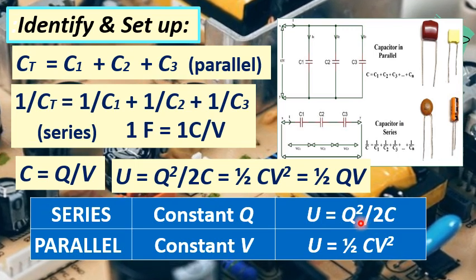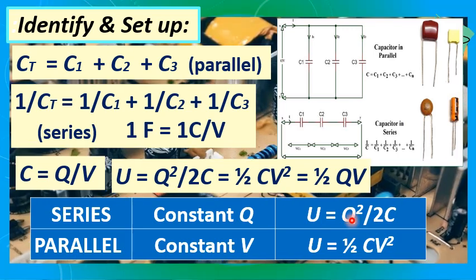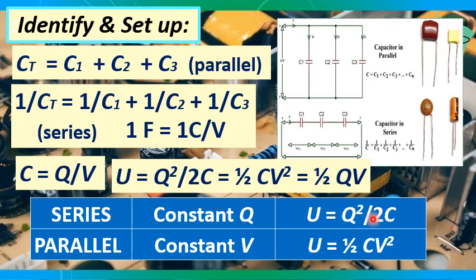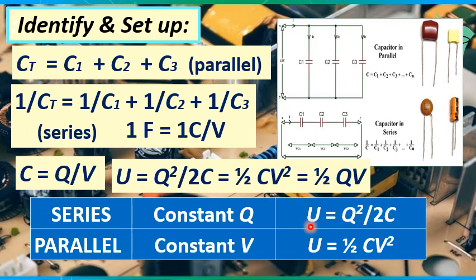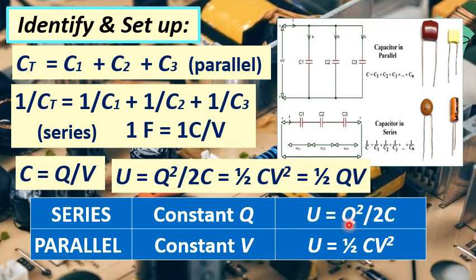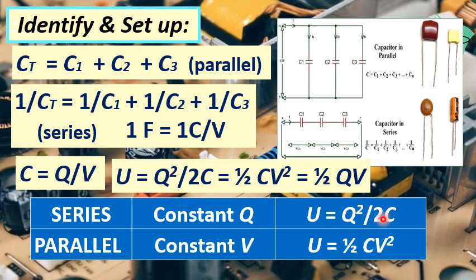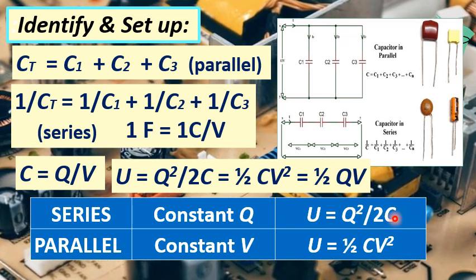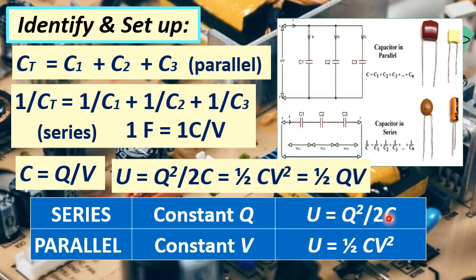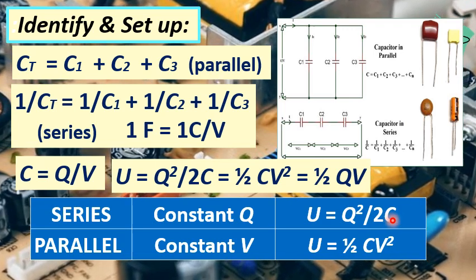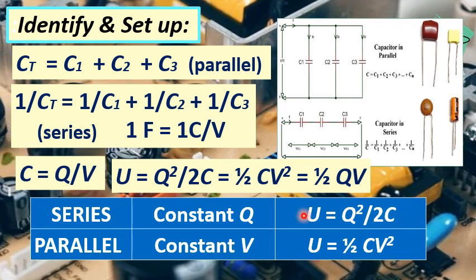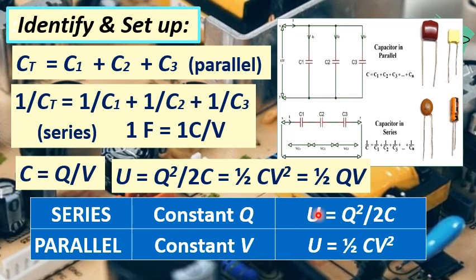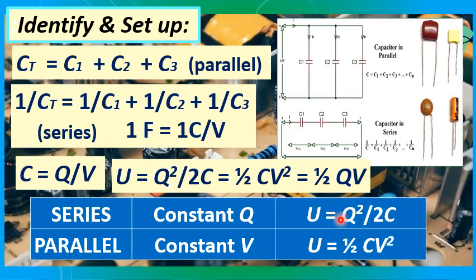So if the charge big Q is constant, then we say that the amount of stored energy big U is inversely proportional to the amount of the capacitance. That is, if the amount of capacitance is small, then we will have a greater value for the stored energy.